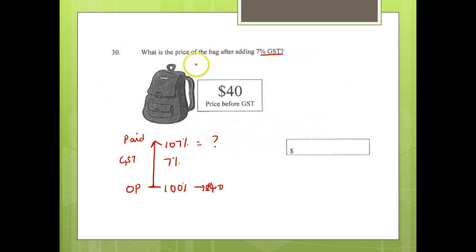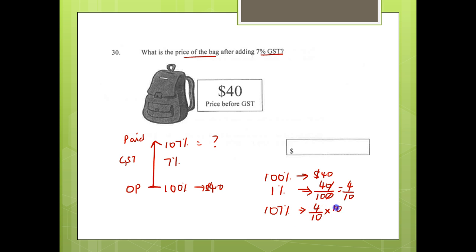So I want to find what is the price of the bag. So I know 100% is 40, 1% is 40 divided by 100, 0.40. 107% would be 0.40 times 107, and it would be $42.80. Answer is $42.80.